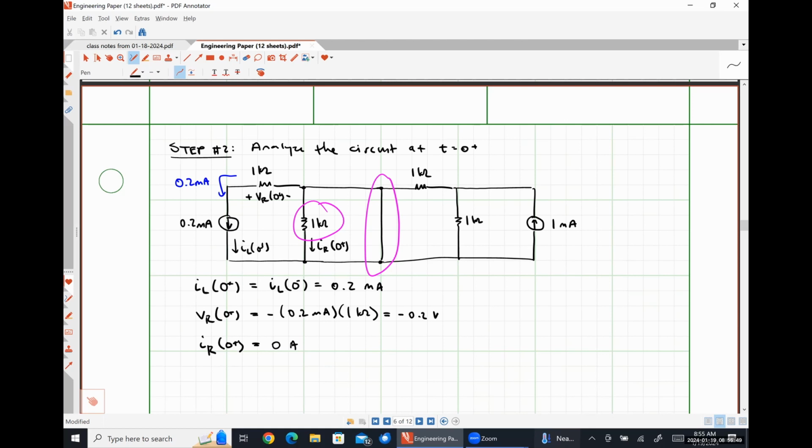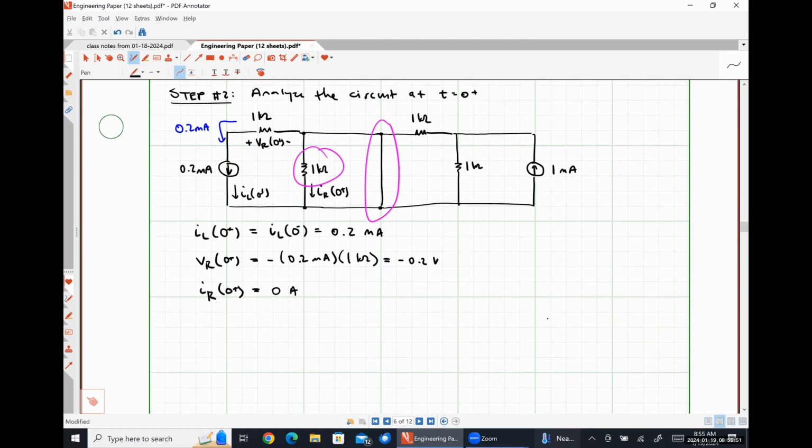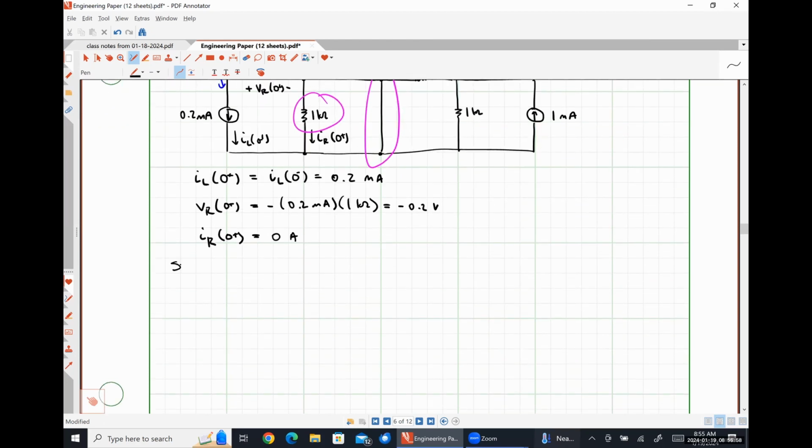All right, so now let's analyze the circuit at t is equal to infinity. I even hesitate to tell you this, but this step isn't actually needed.